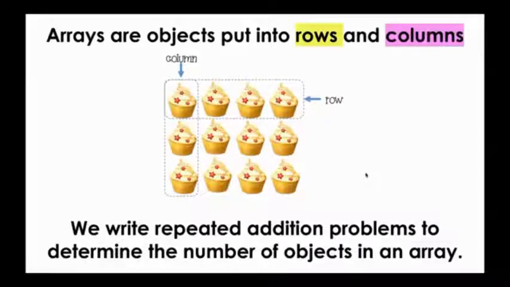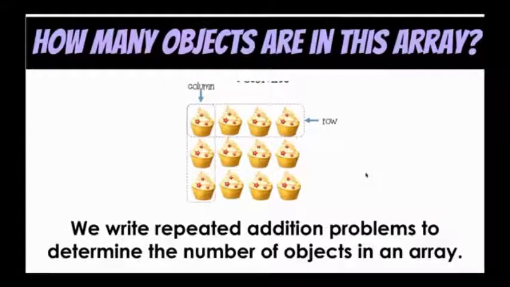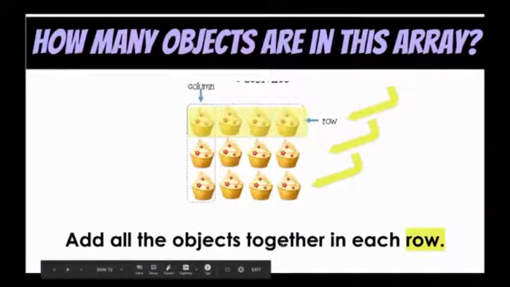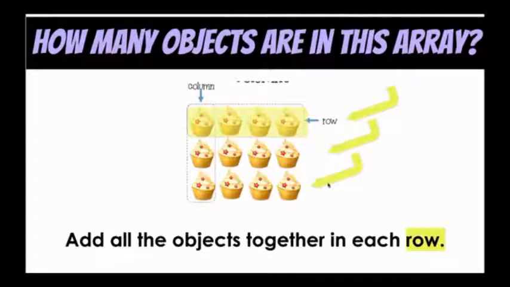How am I going to do that? Well, one way we can do that is to add all the objects together in each row. So I have 3 rows right here. Can you count how many cupcakes I have in each row? I have 4 cupcakes in each row.